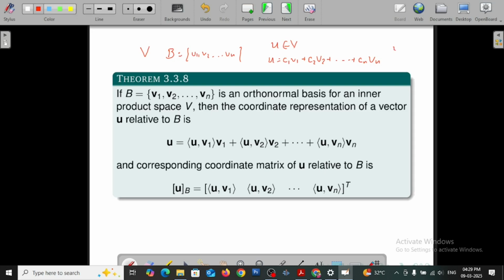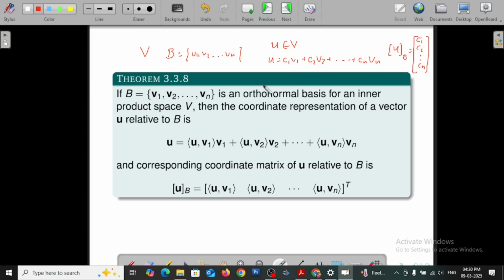And we have already studied that the coordinate matrix representation of U with respect to this basis can be written as the column matrix C1, C2, etc., Cn using the coefficients of this combination. Actually, this result is true for any vector space V and corresponding to any basis of the vector space, you can have the coordinate representation of a vector in the vector space like this.